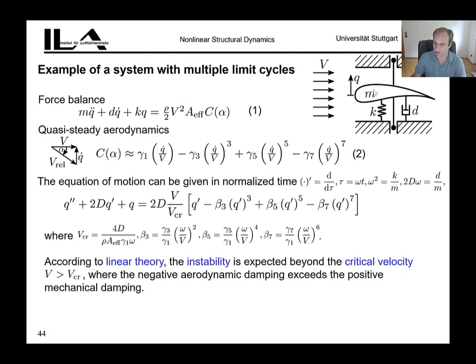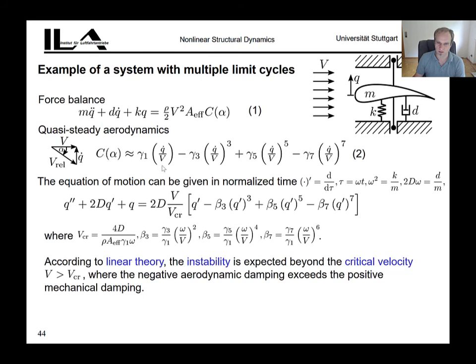So it's again an airfoil in a wind tunnel, has a certain mass, has a certain stiffness, but now we attach the viscous damper in the direction of motion. So it's still restricted to have just this plunge motion, no twist. So we get this very simple force balance, and now the nonlinearity is taken into account coming from this lift coefficient.